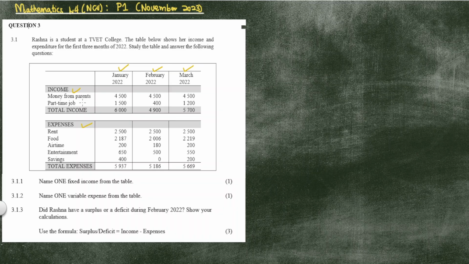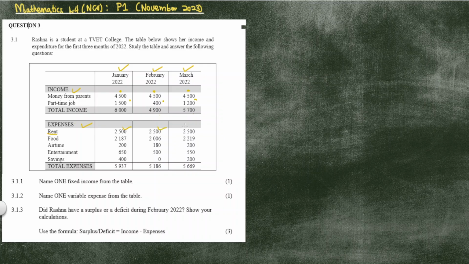So for the income, we have money coming from our parents. January 4.5, February 4.5, March 4.5. It hasn't changed. A part-time job, the money fluctuates. Do you see that? This also affects the total income from month to month. Under expenses, we have rent.